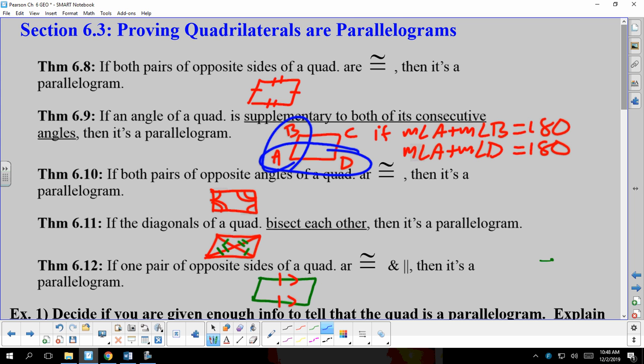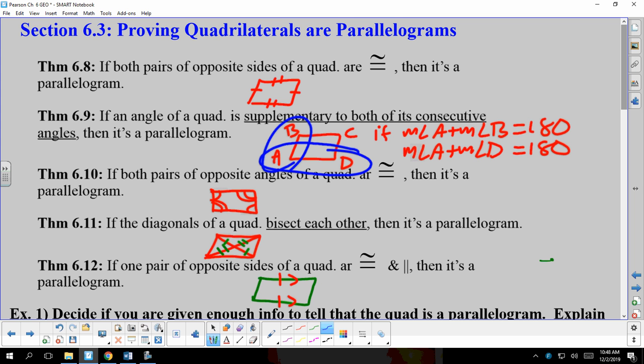So by definition, a parallelogram is simply a quadrilateral with opposite sides parallel. These are all the other things we proved based on that. All right? So in my coordinate plane, could I use that definition to show opposite sides are parallel? Sure, I could check the slopes. If opposite sides have the same slope, I know they're parallel, and will never intersect. So there's one way I can use the definition.